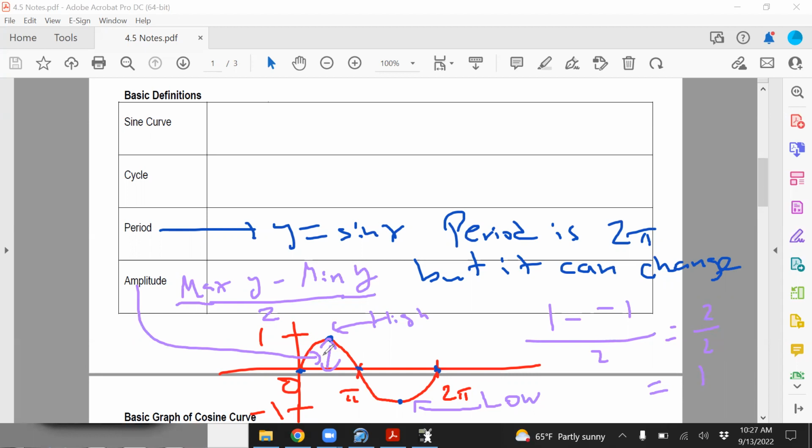So that's the amplitude. So for y equals sine x, the amplitude will be 1, but it can change. I'm going to show how it changes in just a little bit, but it can change.